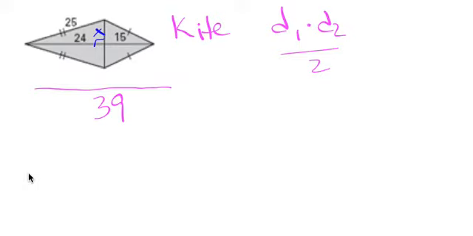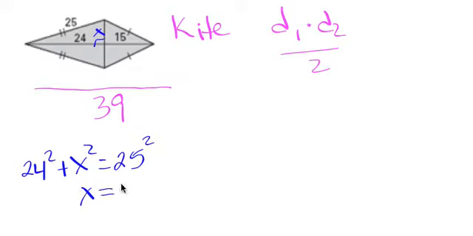So to use the Pythagorean theorem, it would be 24 squared plus x squared equals 25 squared. And so when we do 25 squared minus 24 squared and square root that, we'll find that x would be a length of 7.